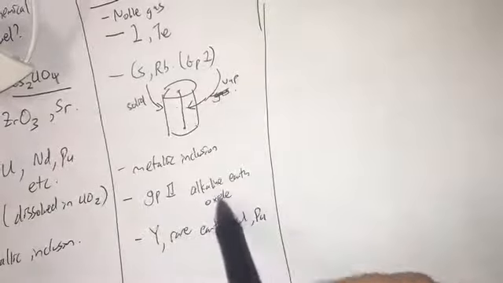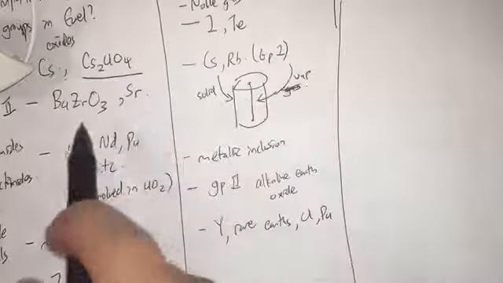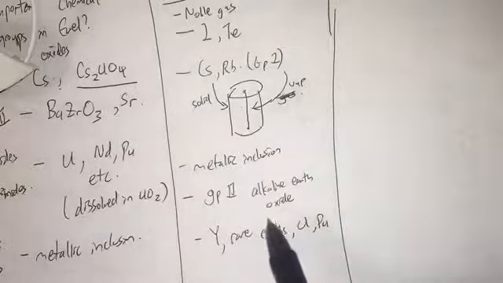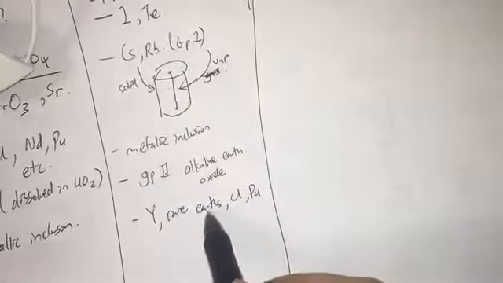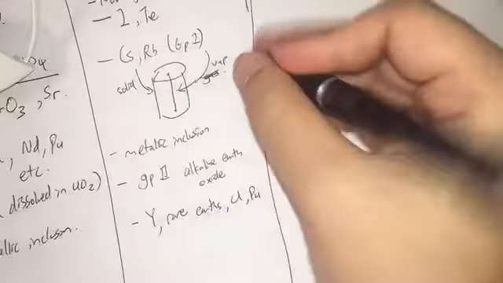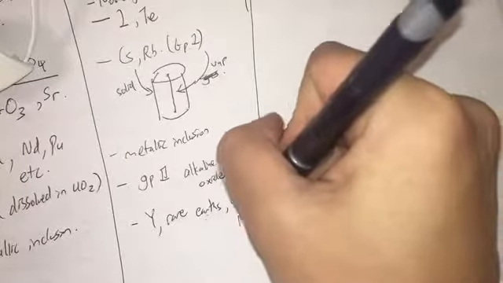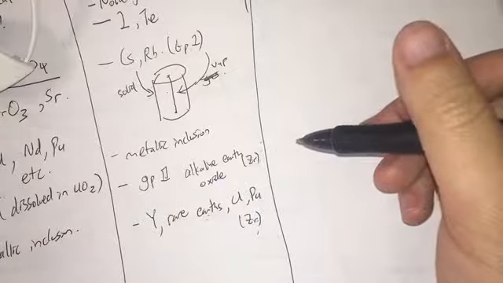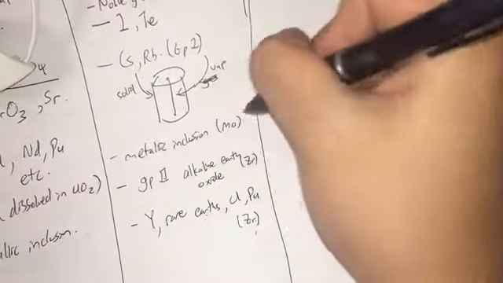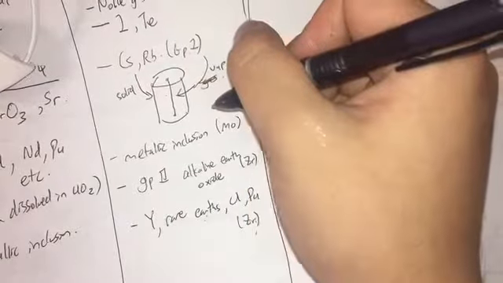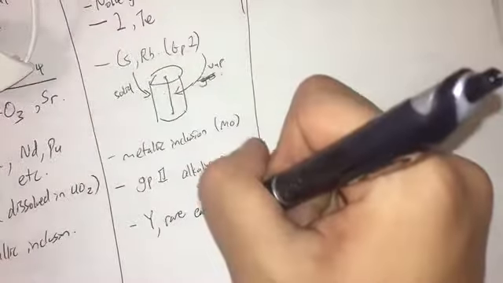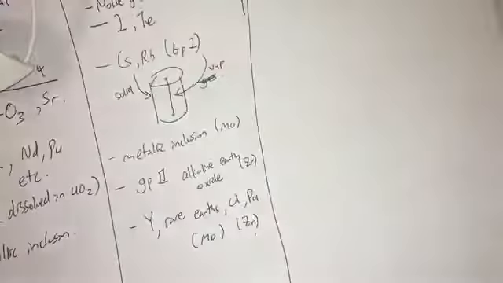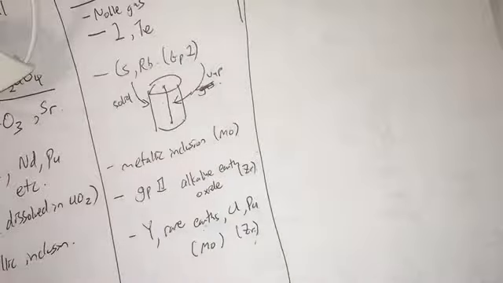Zirconium, you can find it sometimes here, because you have this kind of thing happening. Or you can also find it here as well. You can find zirconium here and here. Why? These ones are kind of in between again. And molybdenum, you can find it here, and you can also find it inside the fuel matrix, because it's somewhere in between these two.